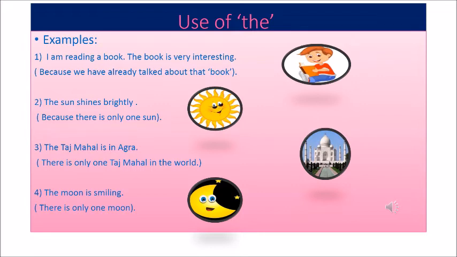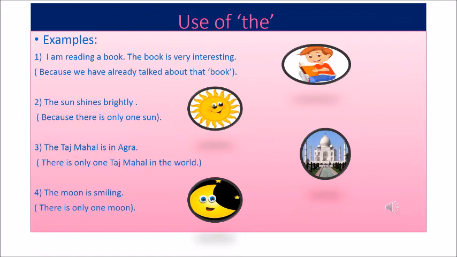The Taj Mahal is in Agra. There is only one Taj Mahal in the entire world, children. You don't have 2 or 3 or 4 Taj Mahals. So because we are talking of a beautiful monument known as Taj Mahal, and there is only one, we will say the Taj Mahal.